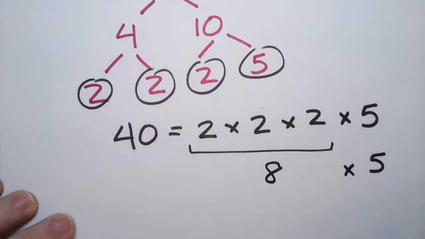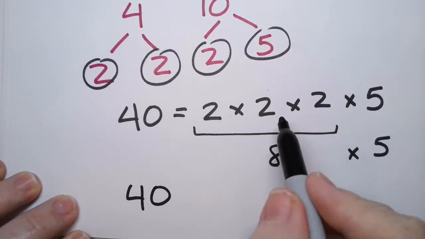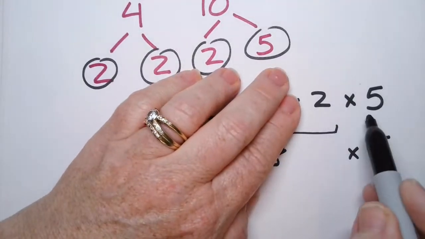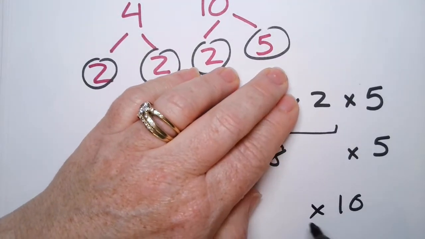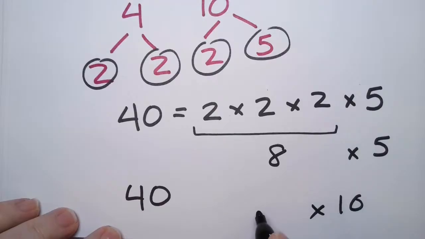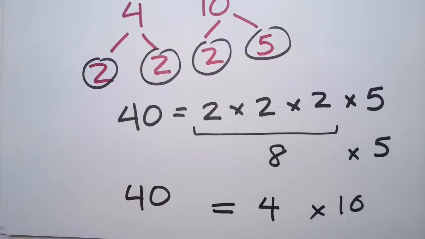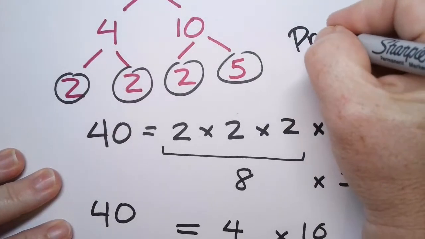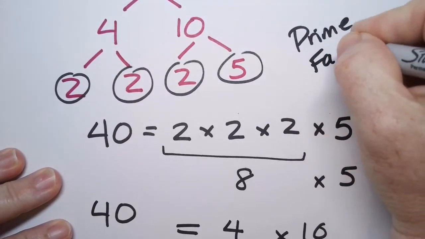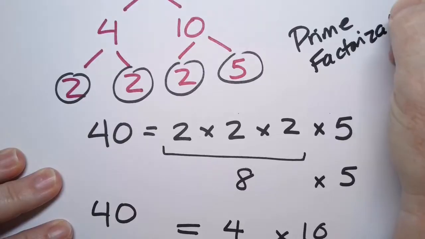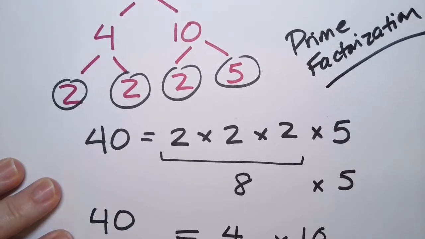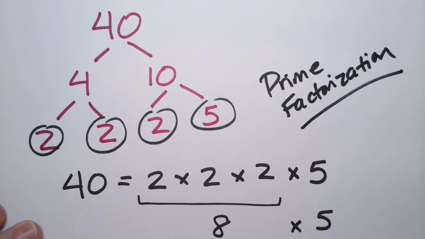That's one way to say 40. 40 is also, if we just take these 2 times 5, that'd be 10. And then we take those 2, that would be 4. Okay. So there are lots of different ways we can break numbers. So this was prime factorization. Good. So hopefully this is a review, so you are already good at this.